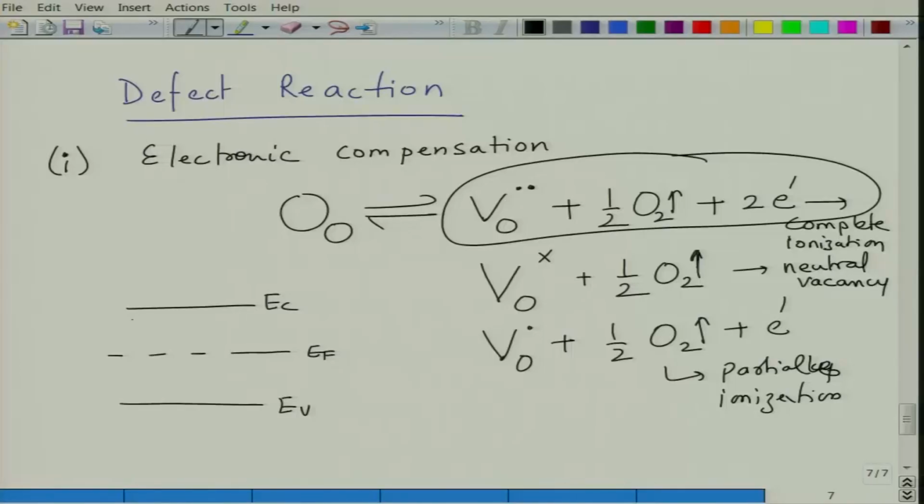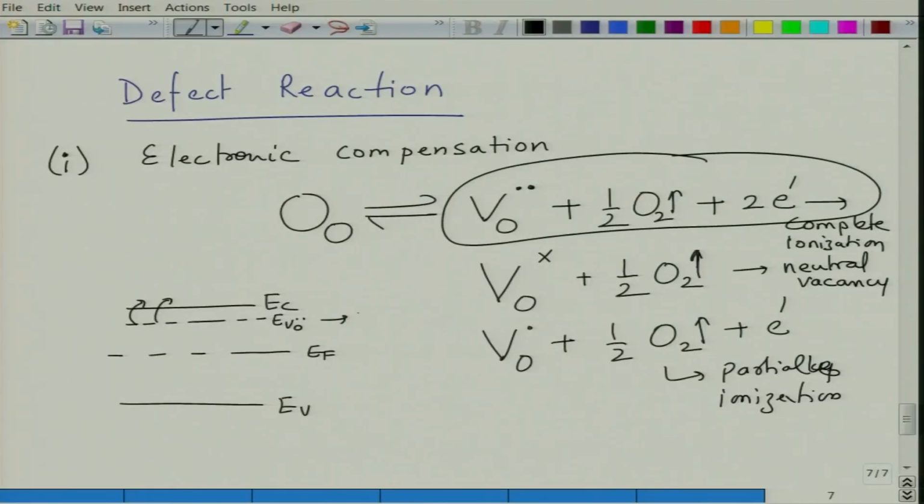For an oxide MO, a vacancy of oxygen will create an energy level EVO with respect to the oxygen vacant sites, which will donate electrons to the conduction band. That is how some of the oxides which are otherwise wide band gap semiconductors turn into semiconductors or metals, because there are a lot of vacancies present in them and they donate sufficient electrons to the conduction band, making them electrically conducting, even though they are oxides with a large band gap. So basically you can say it is an N-type defect.